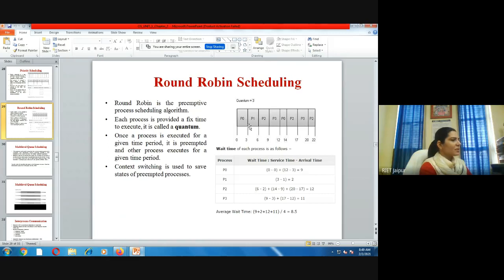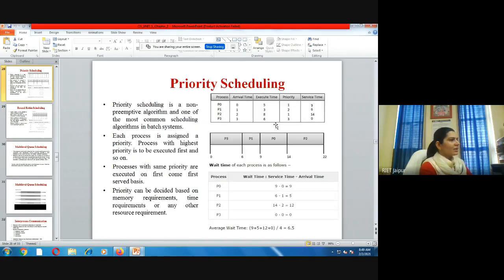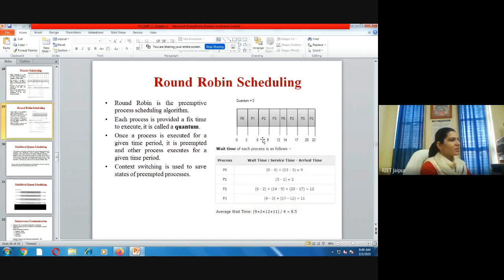In the second round, the execution time of P1 is 3, so it is over in the first round itself. In the second round, P0 is there. P0 has 2 units pending because 3 plus 2 is 5, so P0's execution time is 5, and we have executed it here.